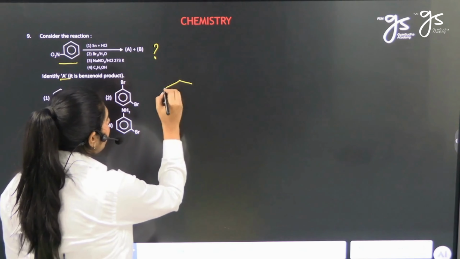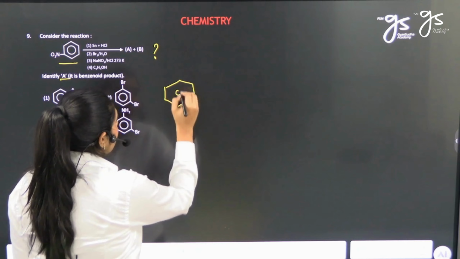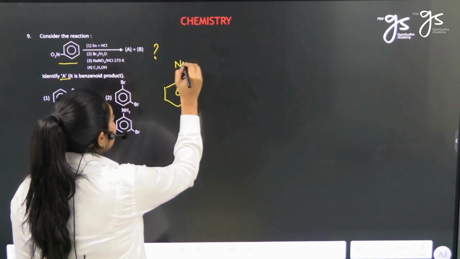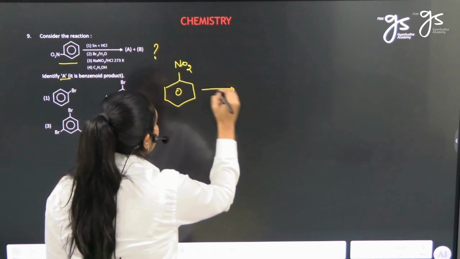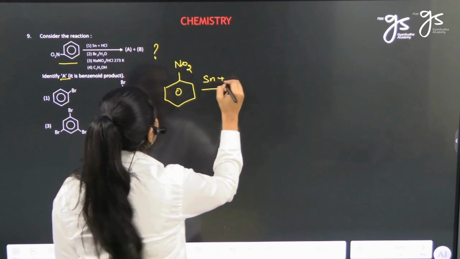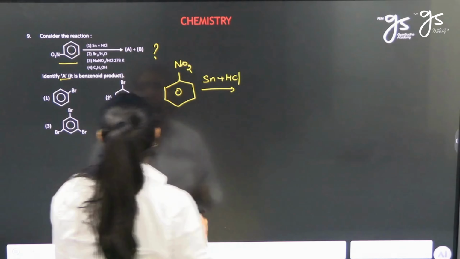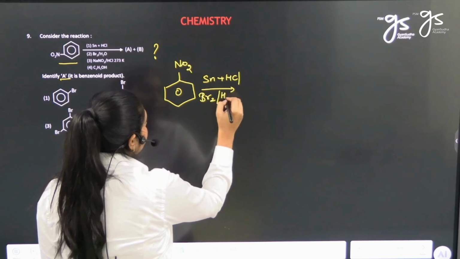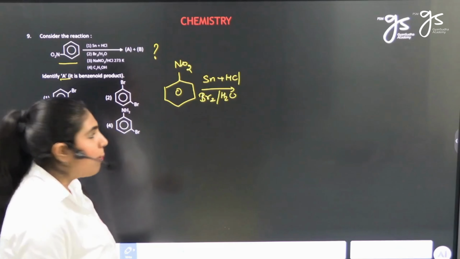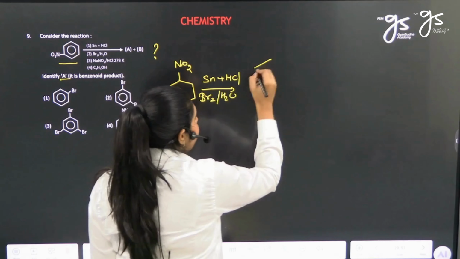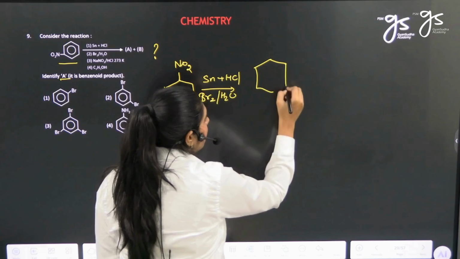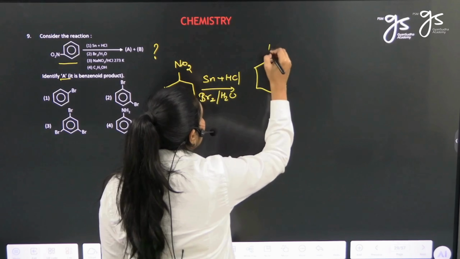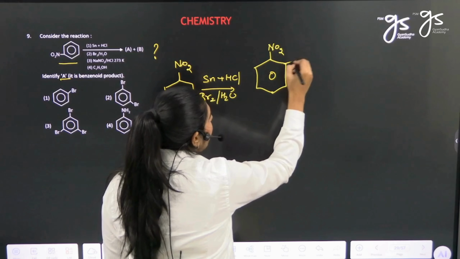This is our nitrobenzene. Nitrobenzene is reacting with stannous chloride in the presence of HCl, and Br2 and H2. So this leads to the bromination of the nitrobenzene. The bromine will come at the ortho, meta and para positions.